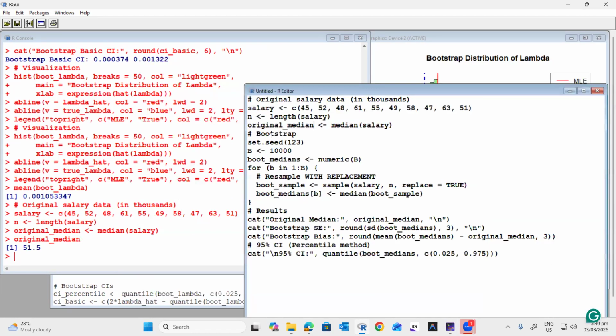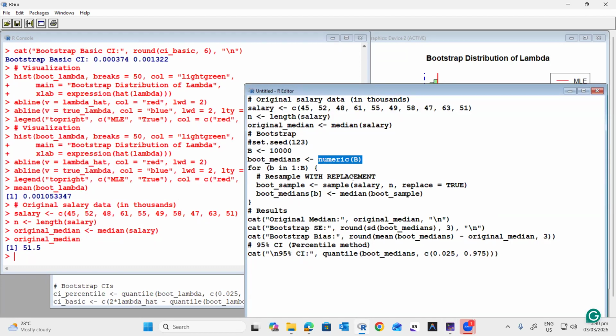Okay. After that, we are going to use the bootstrap. So we have the set.seed command we are going to use, but if you want, you can remove that. So B, the number of bootstrap replications, we took as 10,000, and we will get 10,000 medians for 10,000 samples. We store them in boot median, which will be a numeric vector of length B, initially null.